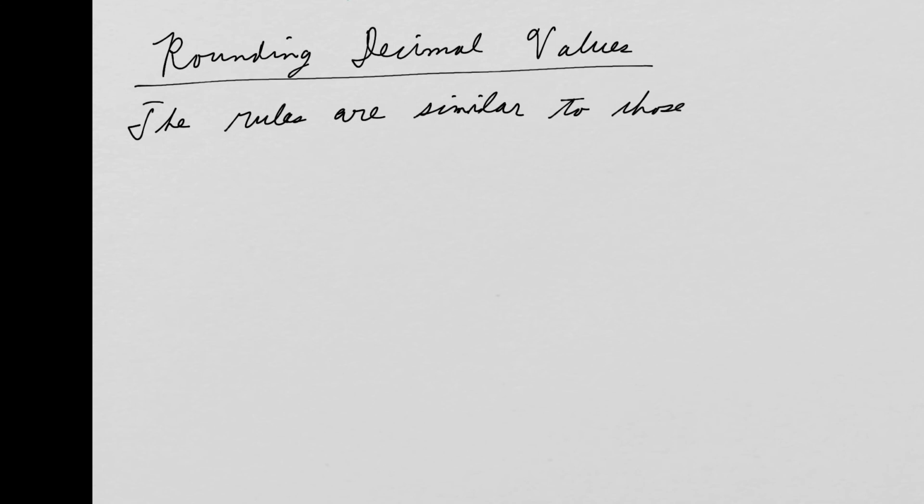I'm just going to say the rules are similar to those for rounding whole numbers. We already learned the rules for whole numbers, right? So I'll just write the rules are similar to those for rounding whole numbers.